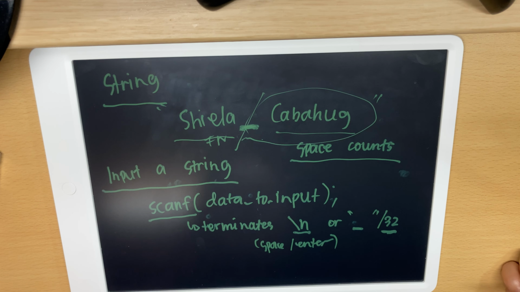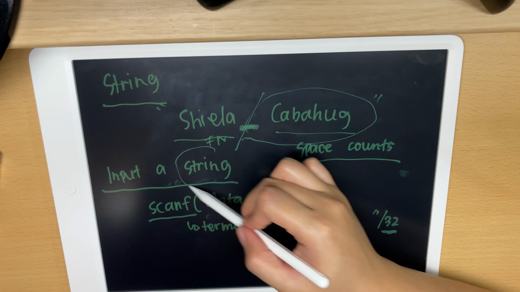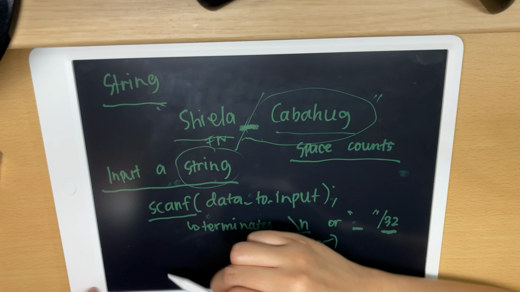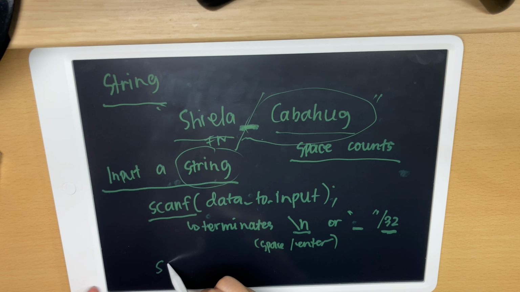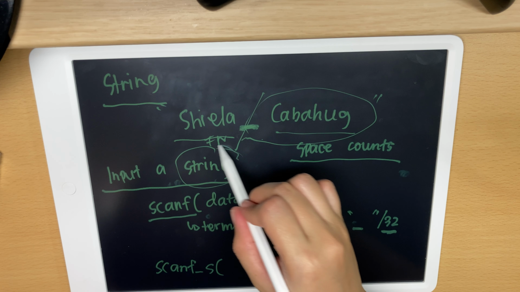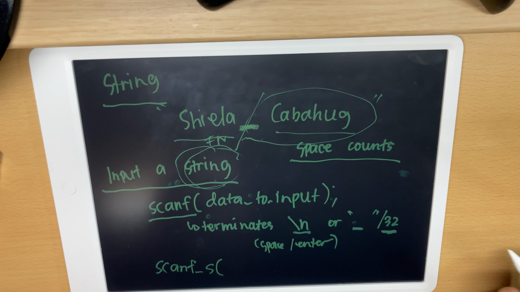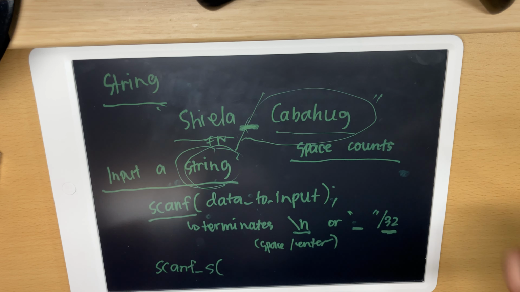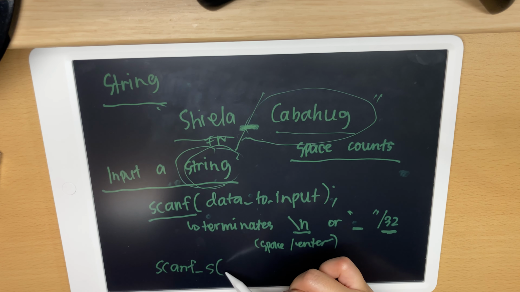Also, in different compilers, if you want to input a string, you're gonna use another function which is scanfs, meaning to input a string. This one is only for maybe integers and floating numbers. And there's a syntax here.